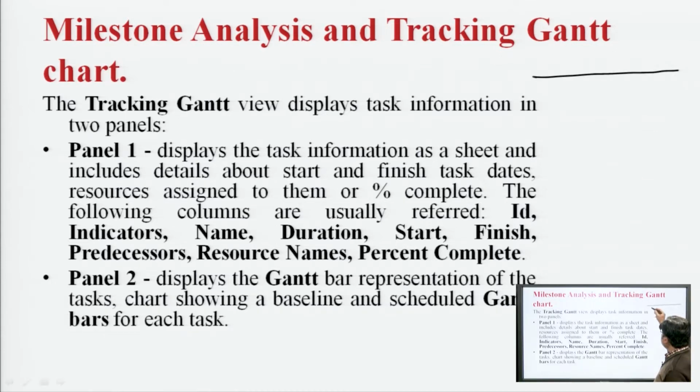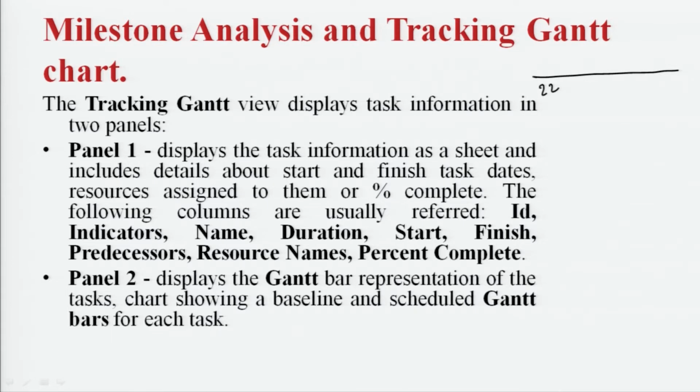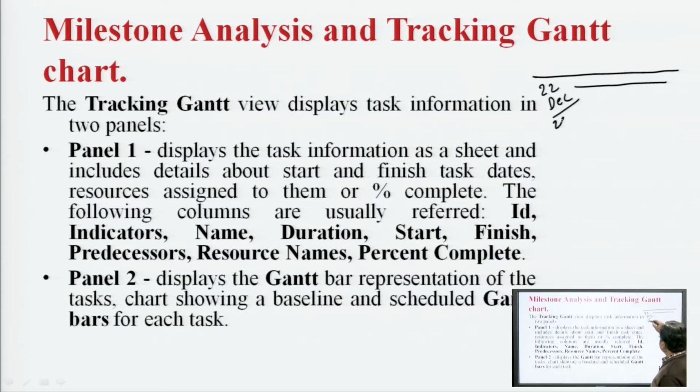For example, the first initial date is 22nd December 2021, and we need to finish it by 22nd of March 2022. This is a small project, and in it task A has to finish by a certain time.